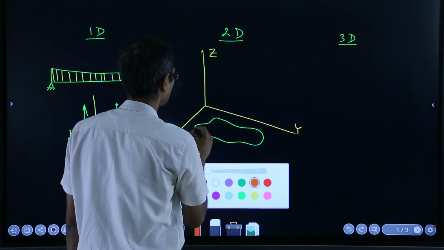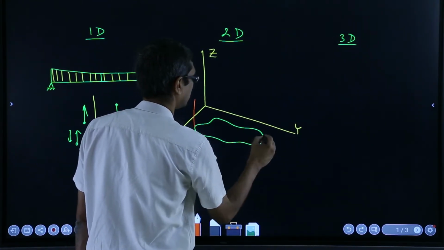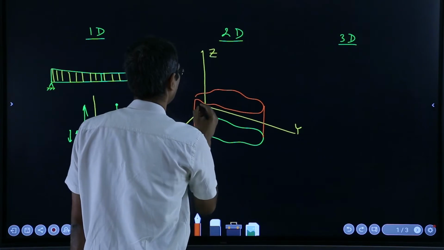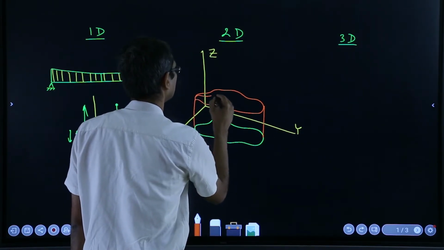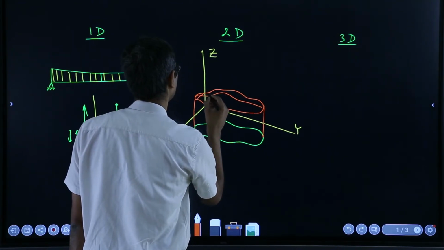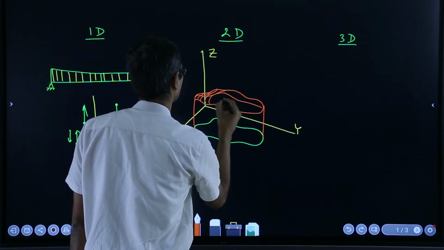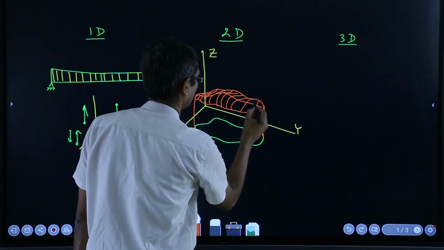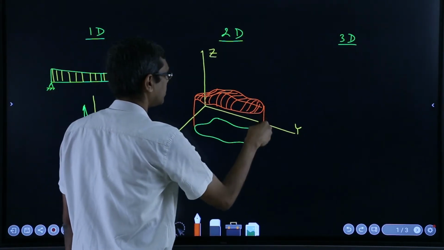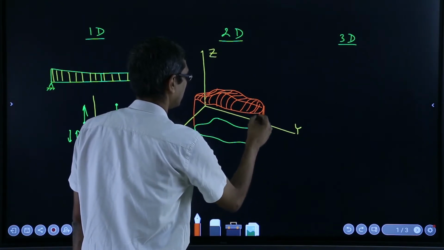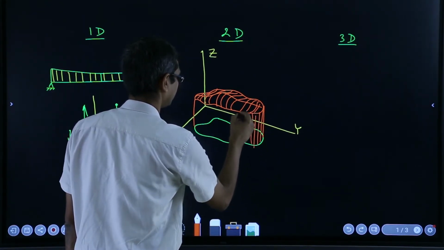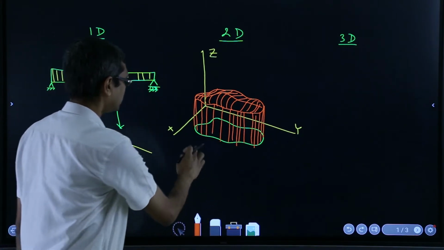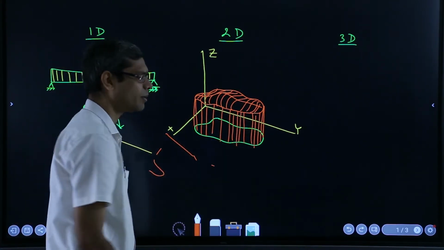Let me draw something like that at the ends, and this is a surface like that. At every location you have loading, so on this surface, everywhere we are applying some load.